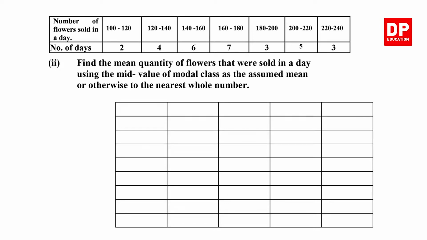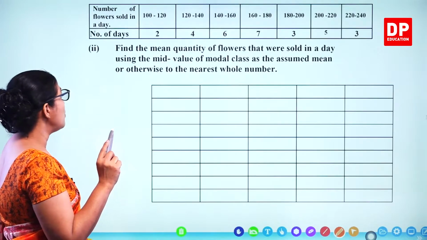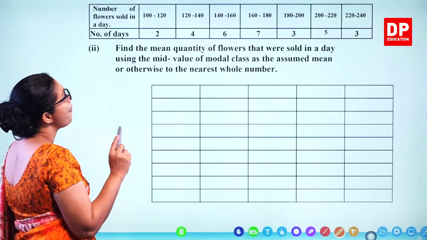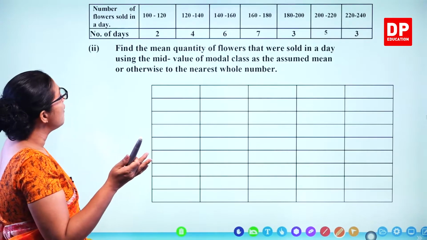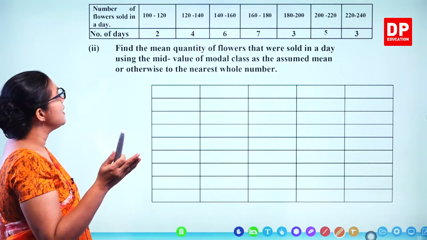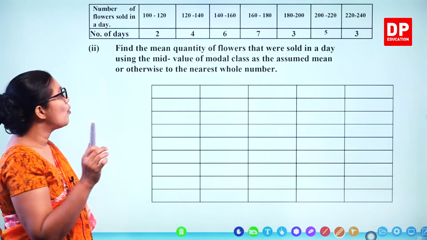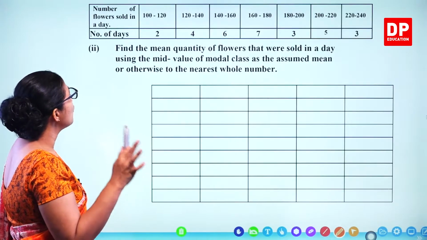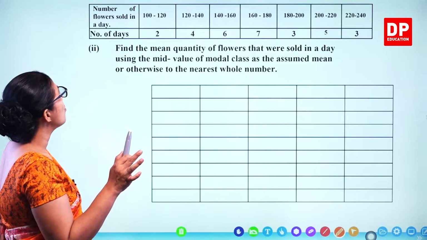Find the mean quantity of flowers that were sold in a day using the mid value of the modal class as the assumed mean. So we have to find out the mid values first and then assume the mean is the value in the modal class, or otherwise to the nearest whole number. So you have to find out the mean to the nearest whole number.